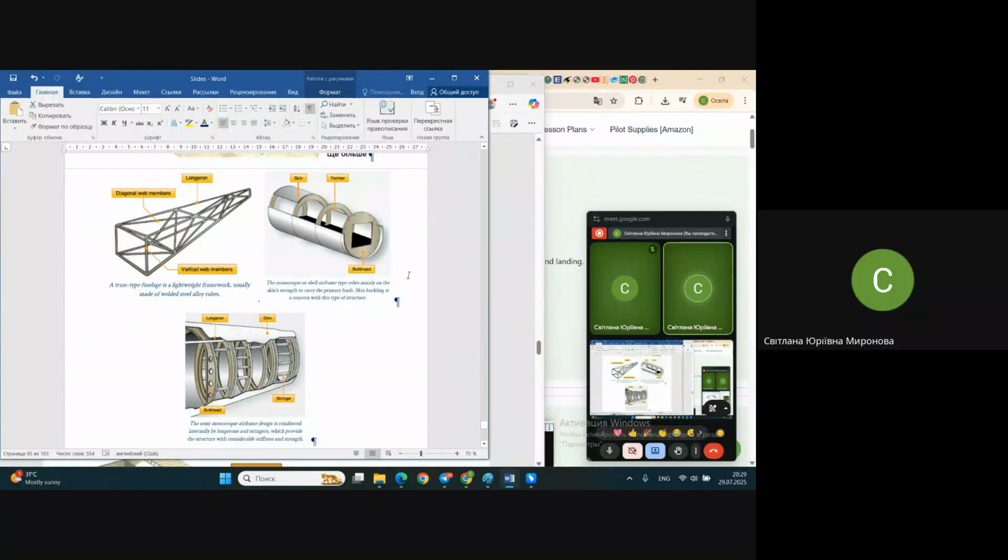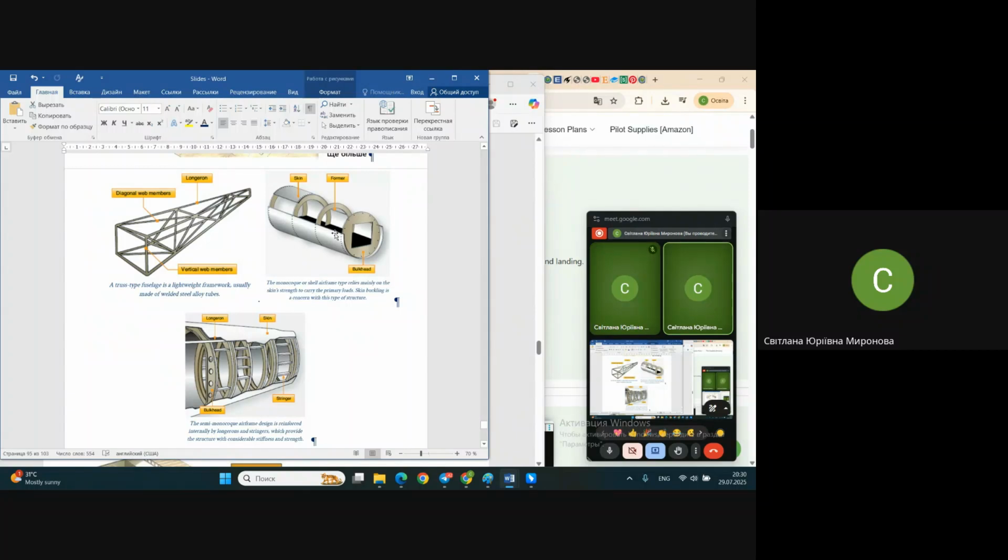Depending on the loading intensity, let's say, depending on how big the loads are with respect to some elementary area of the structure, there are three different variants of beam-like airframes for fuselages. One is called monocoque.